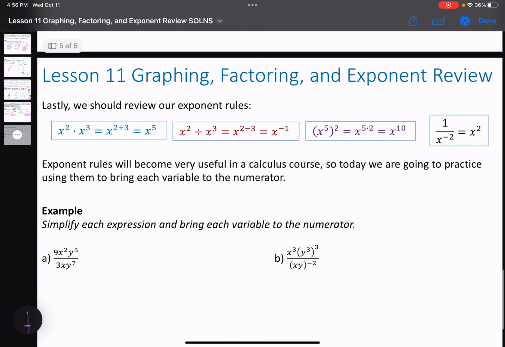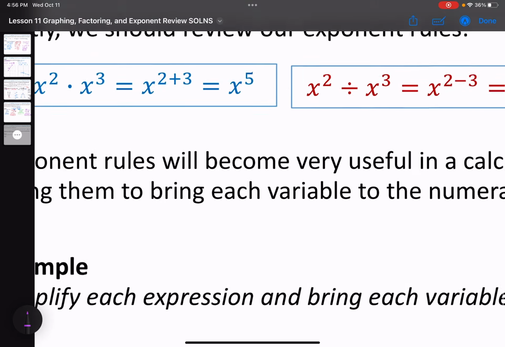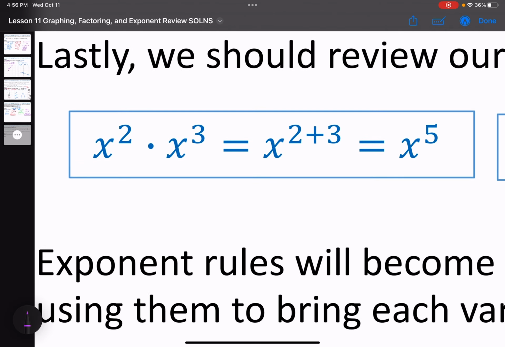Last slide, just a little bit of review of exponent rules, because we just took a test and this was asked as an extra credit question, and so many people skipped this question and didn't even attempt it that I felt like we probably should review some exponent rules. Here are a couple of exponent rules we can go over. The first one is when you have like bases and you multiply them together, you add the exponents.